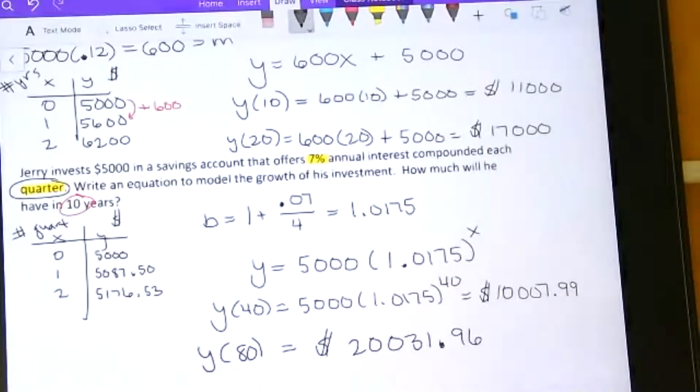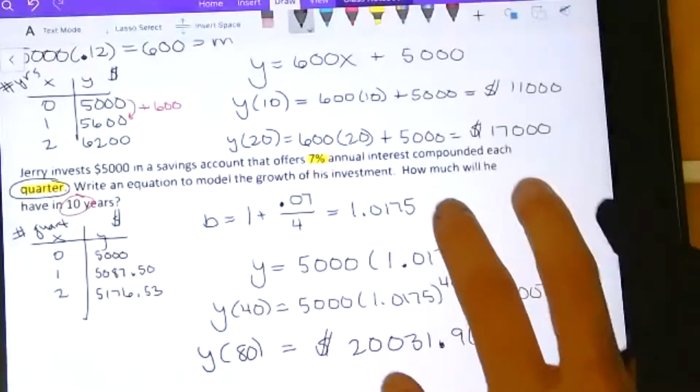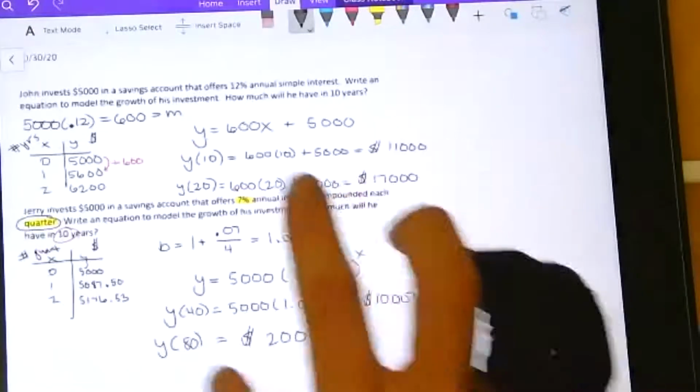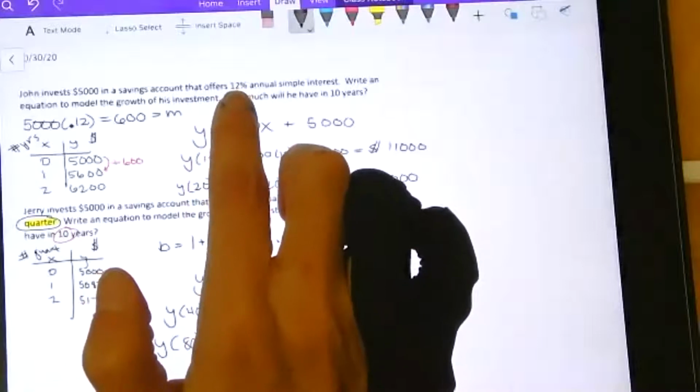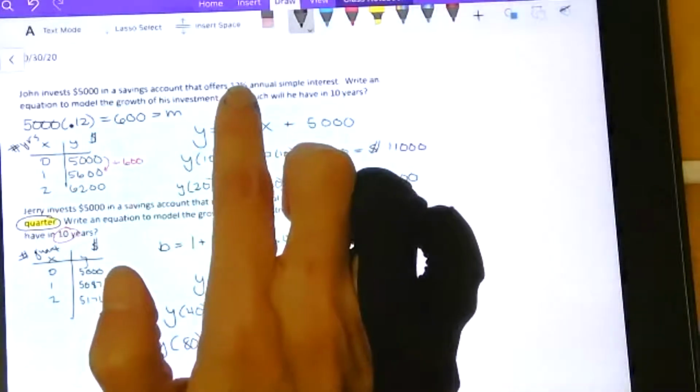So it looks like in 20 years, the compound interest ended up doing better than the simple interest. And if we kept going, the compound interest would stay the better investment. So is compound interest better? Yes, in the long run. If you're only going to keep your money in the account for a few years, this one actually is better because the interest rate is so much higher.